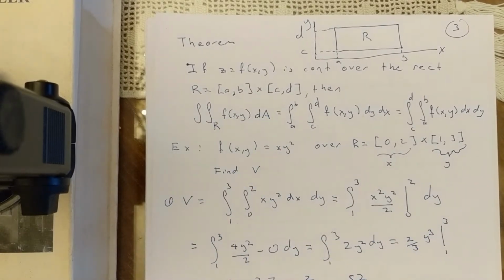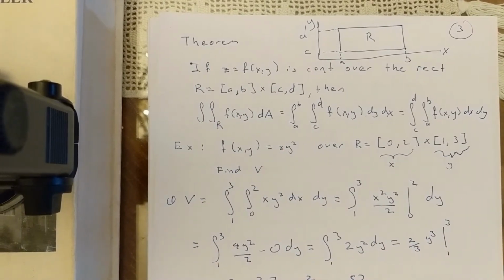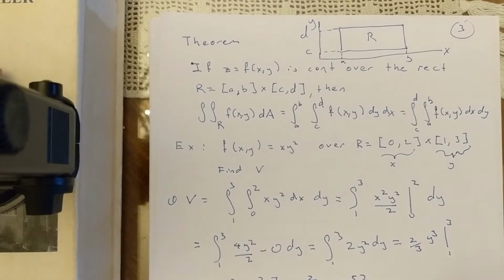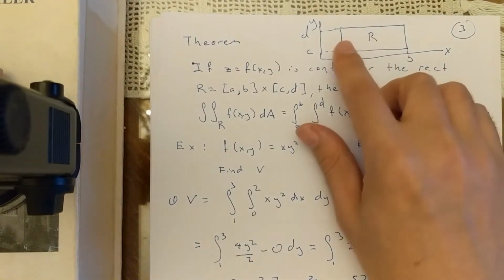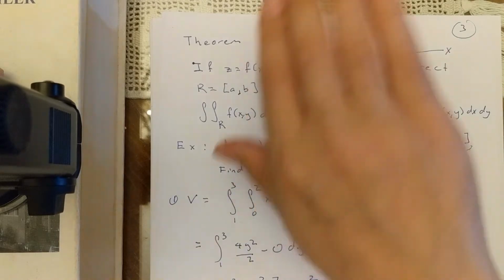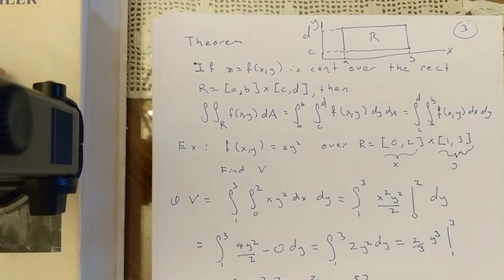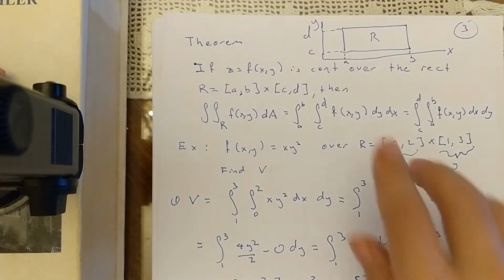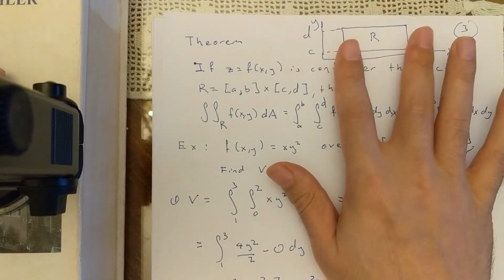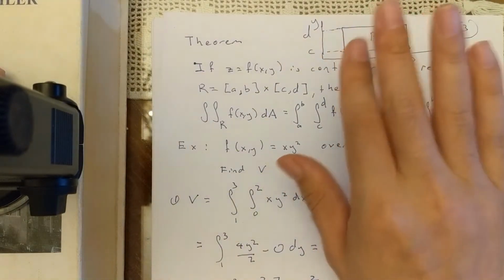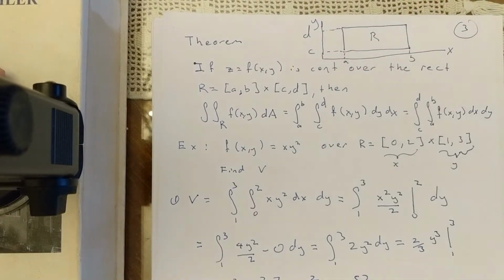Okay, so the question is, what does that mean when you have a rectangular region that you're integrating over? So here's a rectangular region, and we have some surface over it, and we're just trying to calculate the volume of that surface over this region. So that's going to be our next theorem.